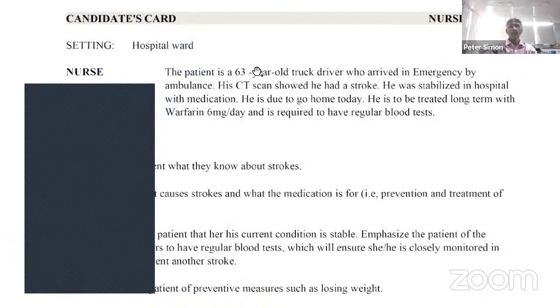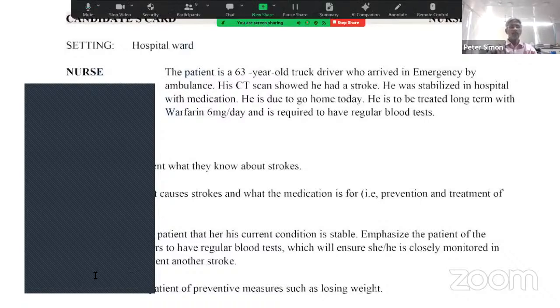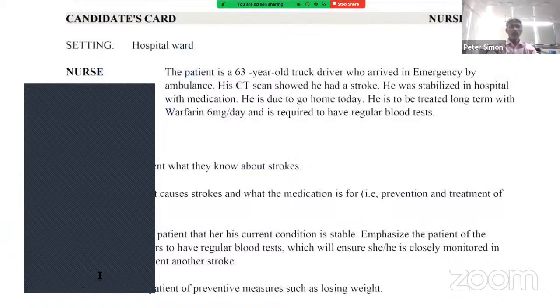Brought in by ambulance. Very good, Simiyat. But you should not use capital letters. You should use small letters. If you want to use capital letters, you have to write BIBA in capitals or brought in by ambulance in small letters. That's it. Okay. Now next one.